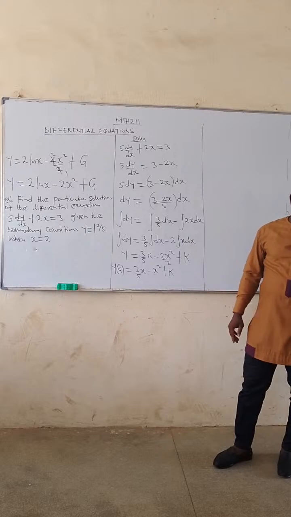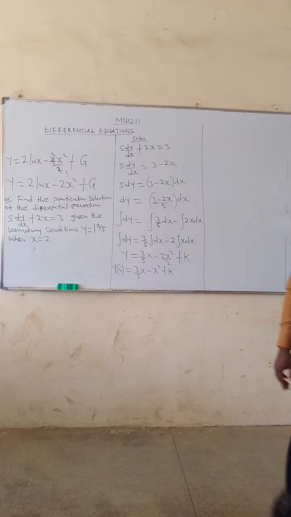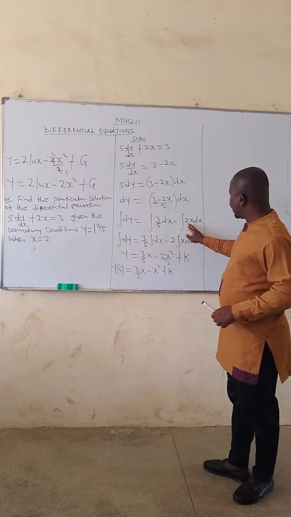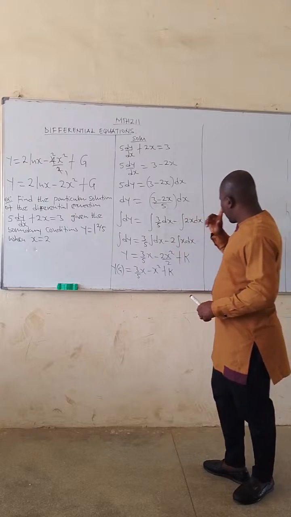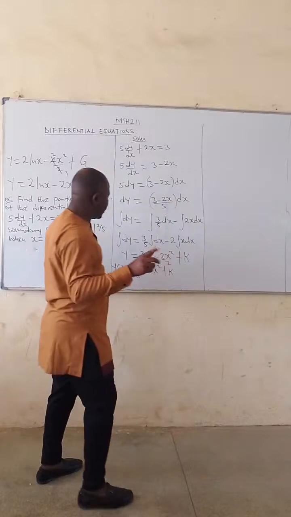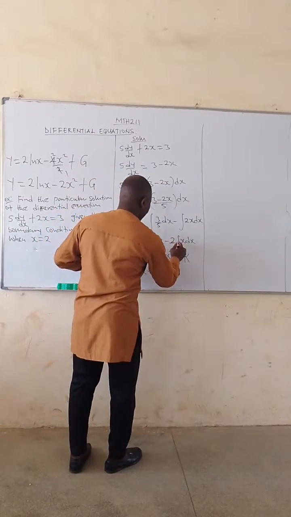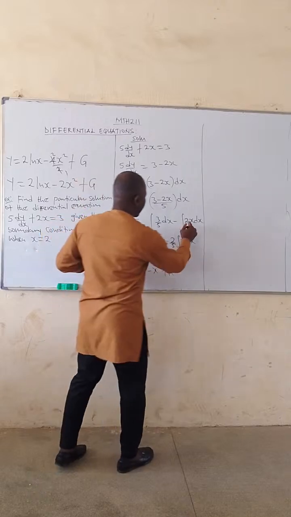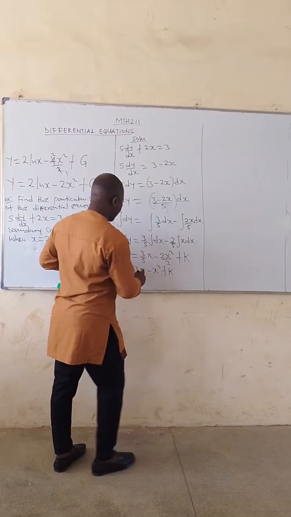Yeah, you want to ask a question? Sorry, we made a mistake here. Thank you. It's supposed to be 1 over 5 here, not just 1.